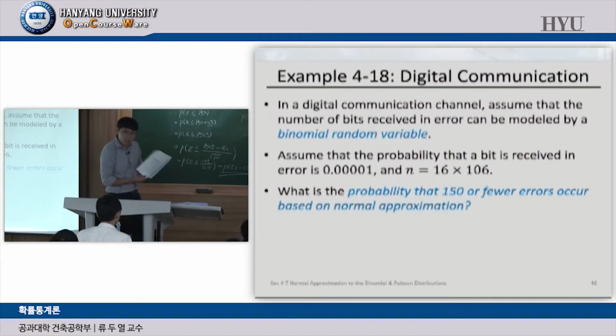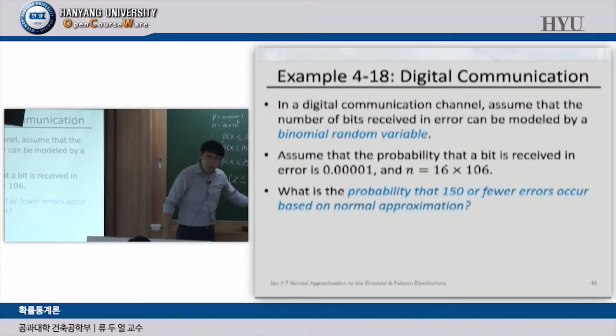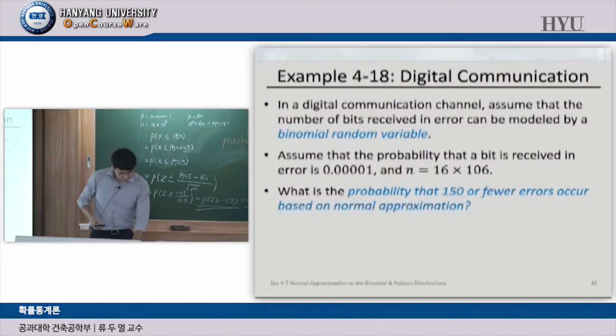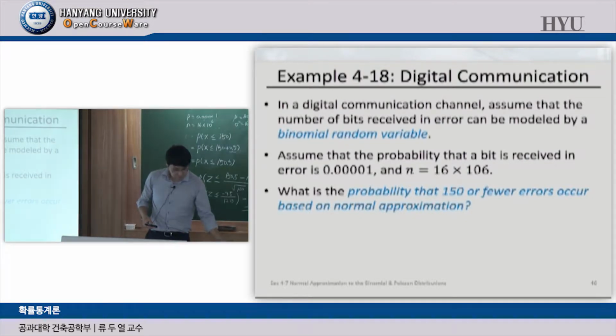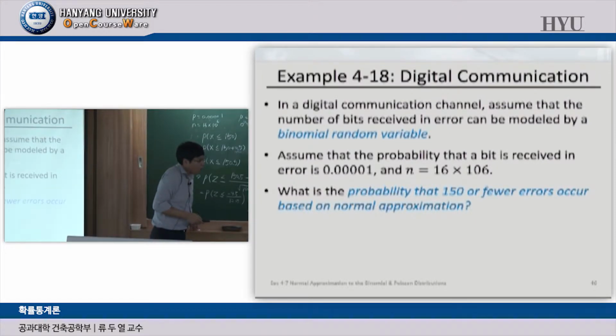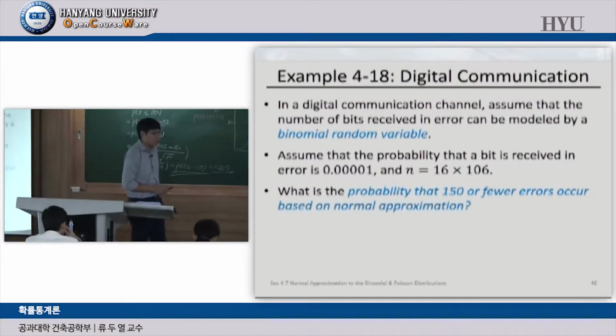So, based on this appendix table, we can simply calculate this value, right? That is equal to 0.227. Okay? So, based on the normal approximation and the appendix table, we can simply calculate the answer of this example.